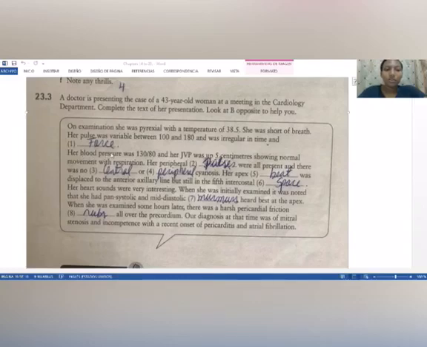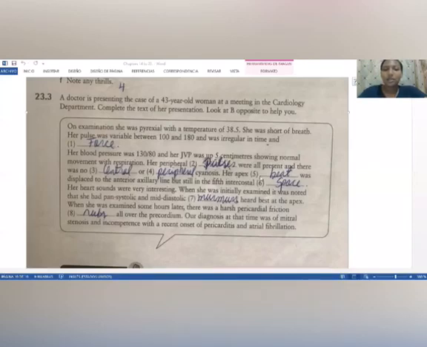Her blood pressure was 130 over 80, and her JVP was up 5 centimeters, showing normal movement with respiration. Her peripheral pulses were all present, and there was no central or peripheral cyanosis.